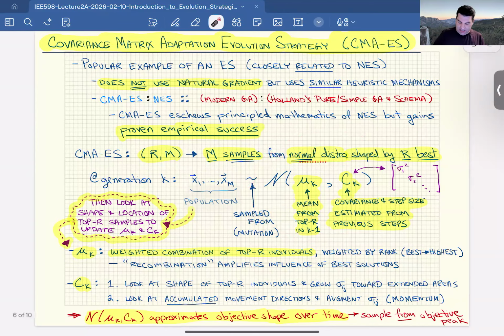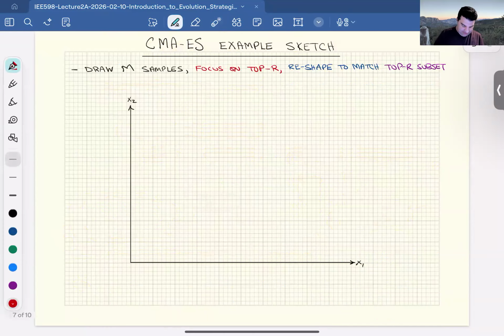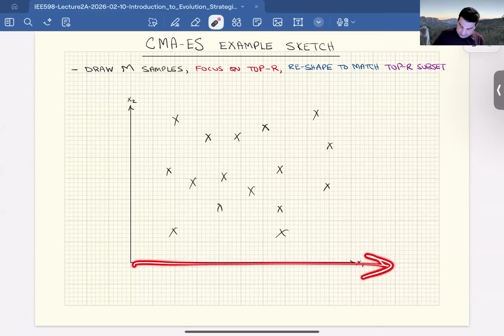So roughly speaking, you could imagine that I'm going to draw M samples and focus on the top R. So at some iteration here, I might draw a certain number of samples like this. So they're all over this space, and this space has these two decision variables, X1 and X2.